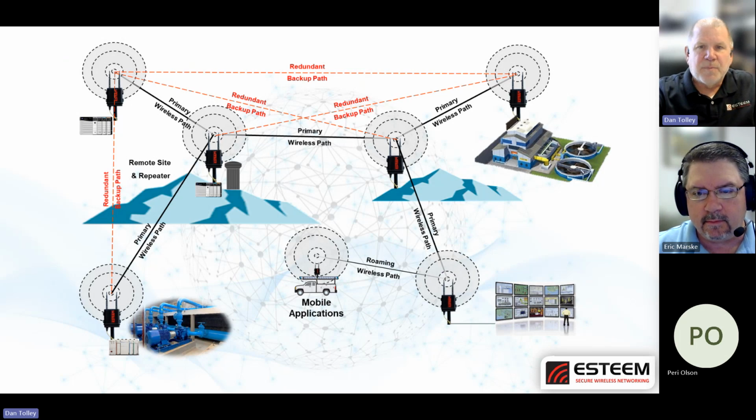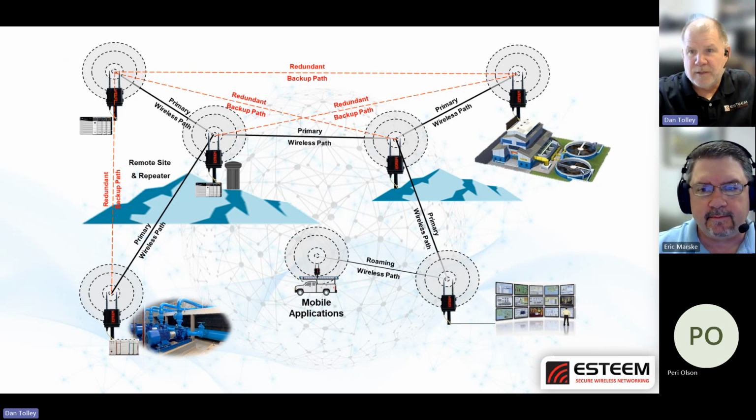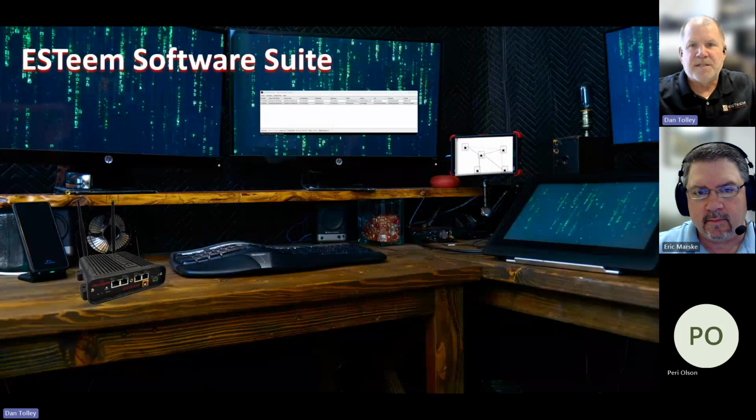It enables a completely connected enterprise, or Industry 4.0, in which we're bringing everything together. At the same time, there are a lot of new capabilities such as mesh networking, redundant routing, roaming, and increased cybersecurity that require additional, sometimes intricate configuration that can look and feel pretty daunting and complex. So what we set out to do was develop the ESTeem Software Suite.